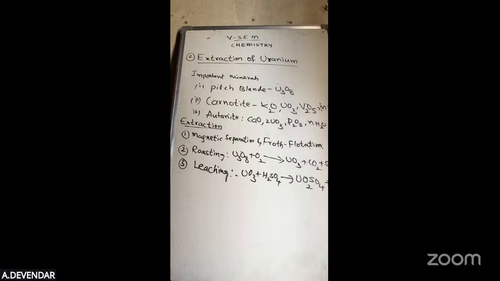The fourth process is the extraction of the uranium. It is treated with sodium carbonate. That means the uranyl sulfate is treated with sodium carbonate. Whatever impurities are present, like iron, copper and magnesium, are precipitated out.